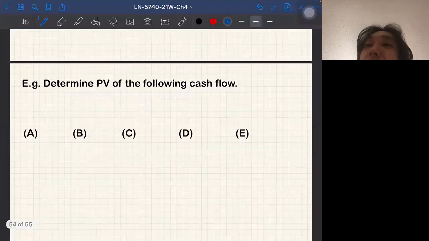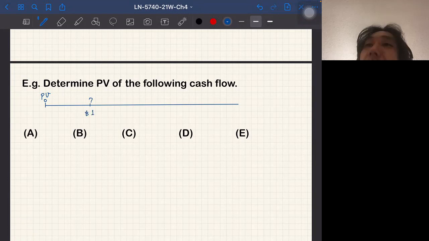Using these properties, some questions become simpler. Okay, so for example, determine the present value of the following cash flow. The cash flow is for 27 years, and it's a little complicated. The present value is at t equals 0. The first payment is at t equals 7, $1.